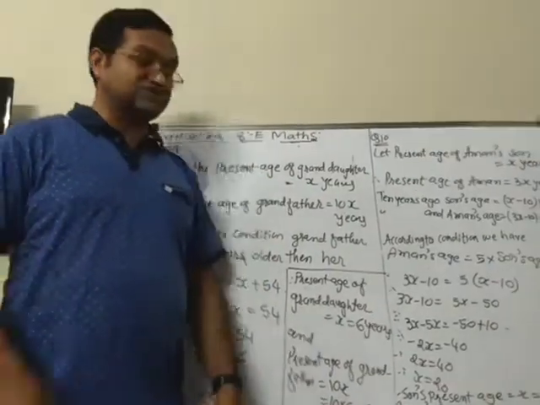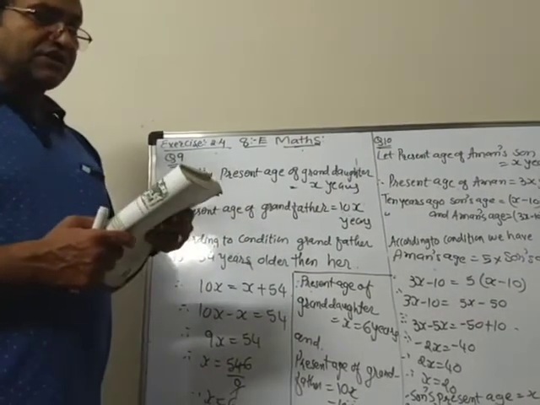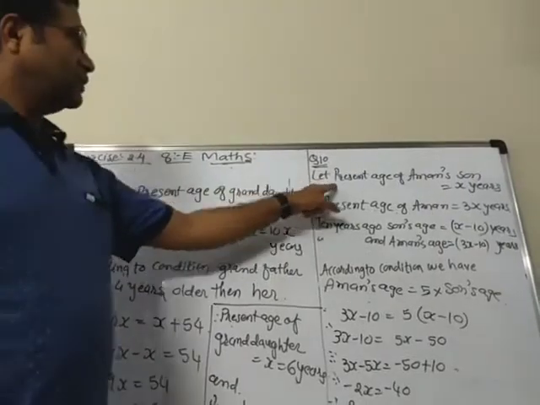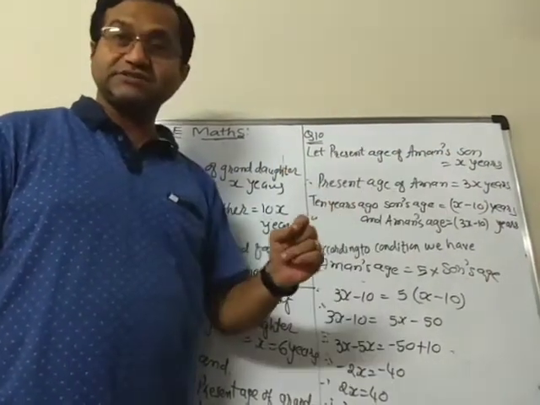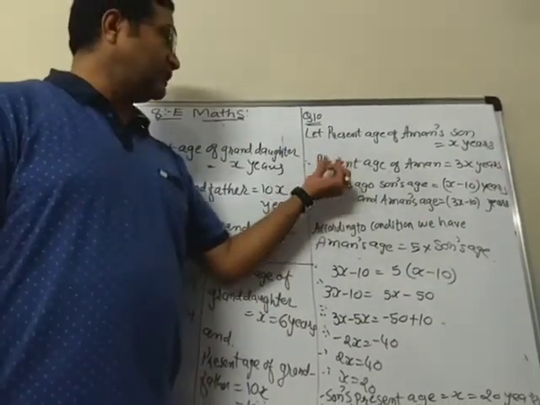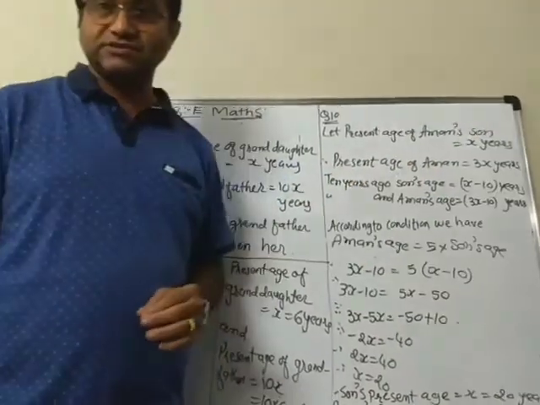Now the next question, last sum 10. Aman's age is 3 times his son's age. So now we will let the present age of Aman's son be X years. So Aman's age is 3 times, means Aman's present age will be 3 multiplied by X, means 3X years.